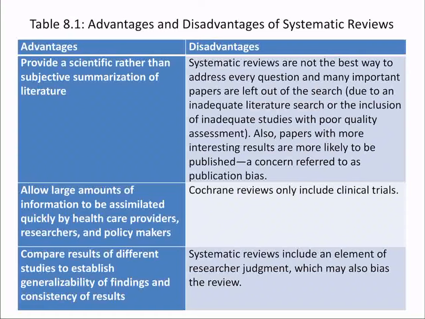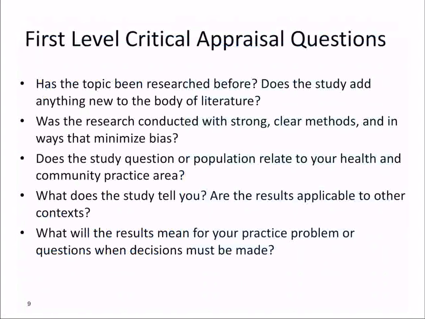Despite the strong evidence supporting systematic reviews, there are advantages and disadvantages, and that's highlighted in Table 8.1. Anytime you research a study, there are first-level critical questions that are highlighted in your textbook. Has the topic been researched before? Is there anything new added to the body of literature?